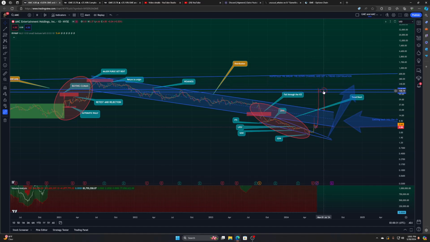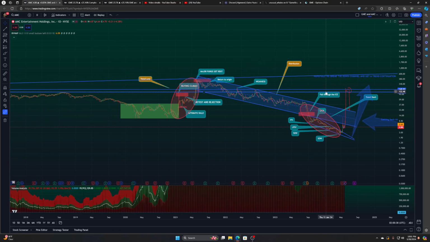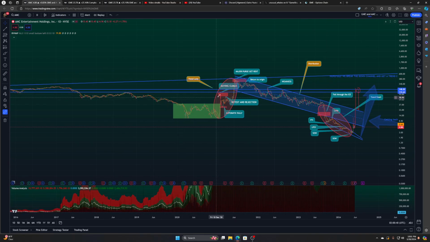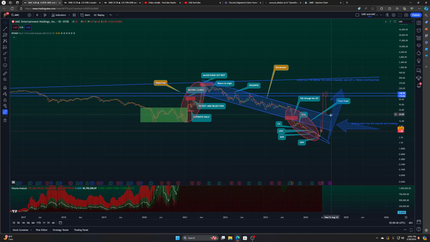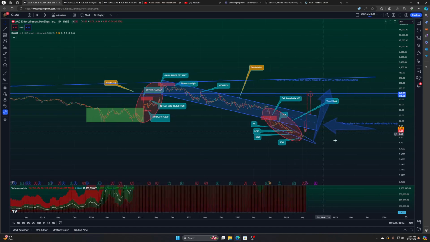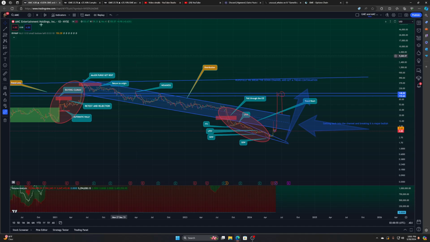This is our next target: if we start using the top of this channel as support, we could break to the upside to $120 to $140, right where the last peak of this initial run-up was. So this is my next point of interest if we're able to break the $20 to $23 mark on AMC. So that's our AMC plan.